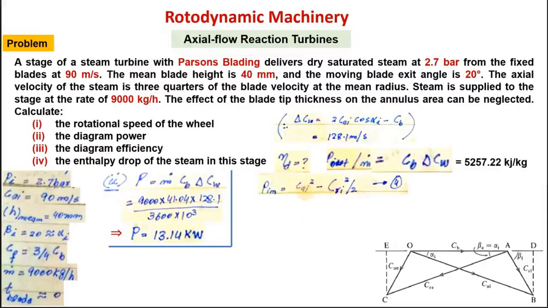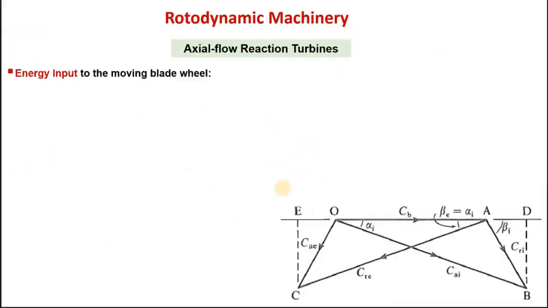Power input, we have also derived this equation. Let me show you again. This was the power input. We have discussed in the theory that power input is not just CAI square by 2 as it was in impulse turbine. In case of reaction turbine, it is CAI square by 2 coming from the nozzle plus the velocity rise in the moving blades, which was CRE square minus CRI square divided by 2.